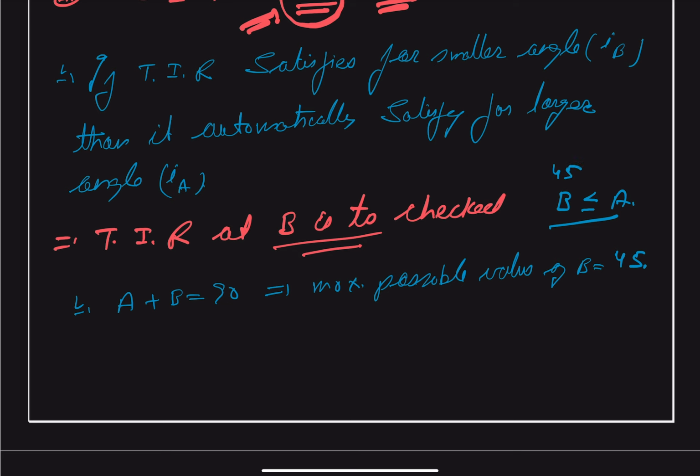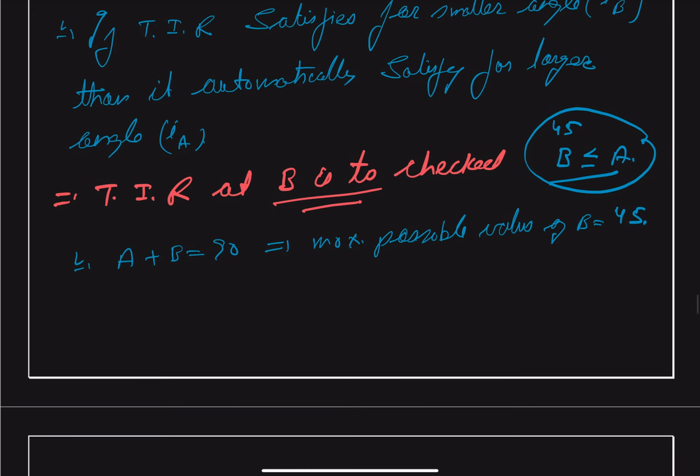If B is not 45 but becomes like 46, it becomes greater than A. So I have to take care of this condition. So if the total internal reflection condition is satisfied at 45 degrees, then it is satisfied for all values of B as well as A.